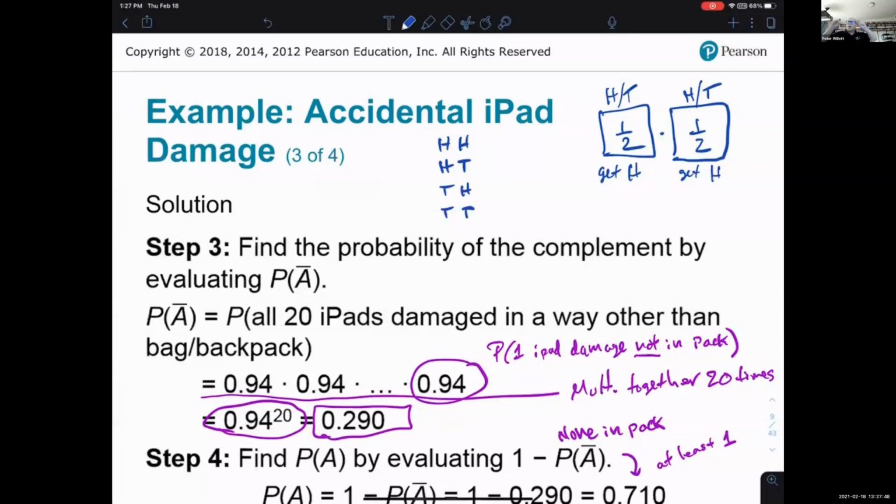And when you multiply numbers together that are less than 1, the result is always smaller. In this case, we can see if I multiply the two 1/2s together, I get 1/4. And quickly we can see that makes sense because only 1 out of 4 of the possibilities would be that both times he got heads.